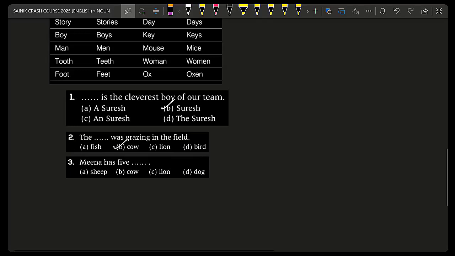The time is up for the poll, and we received no votes for option C, lion. Mina has 5 lion, wrong answer. Option B, 4 votes. Mina has 5 cow. See, 5 is there, so it should be in the plural form, but cow is singular, wrong answer. Option D, dog is also singular, wrong answer. But sheep we just discussed in today's class. Sheep plural is sheep only. So it is option A.